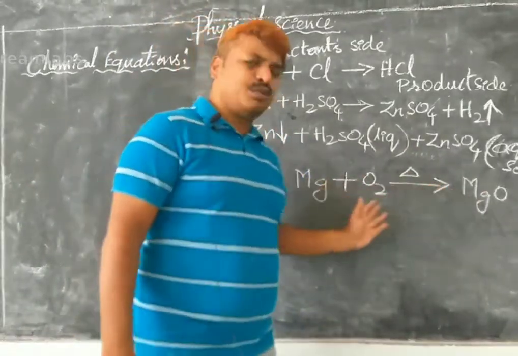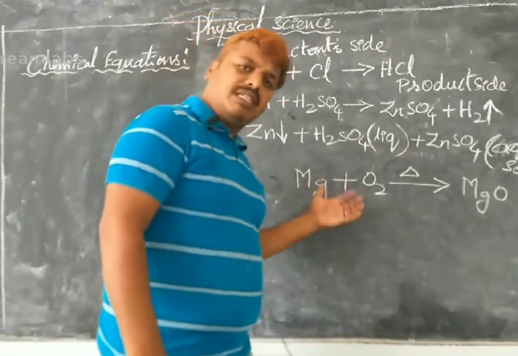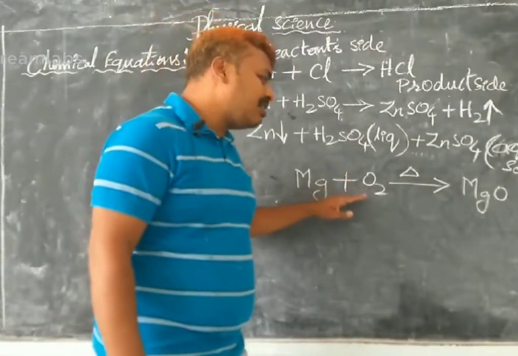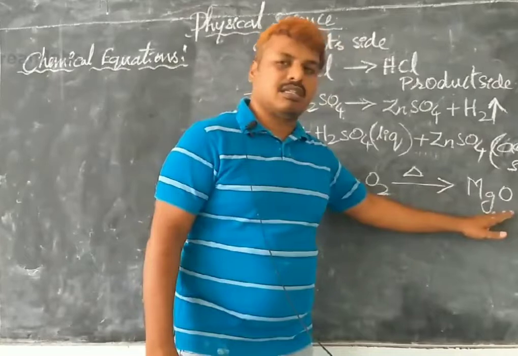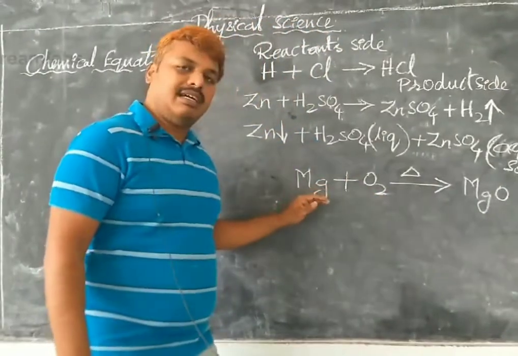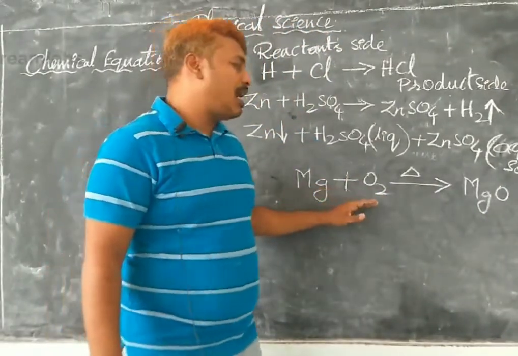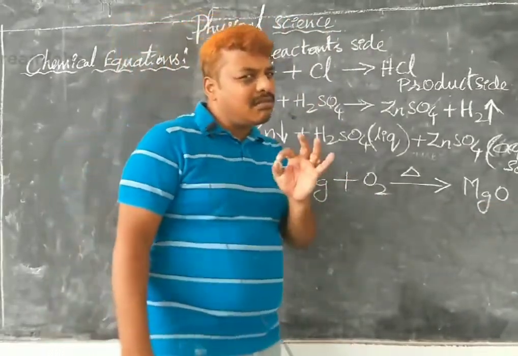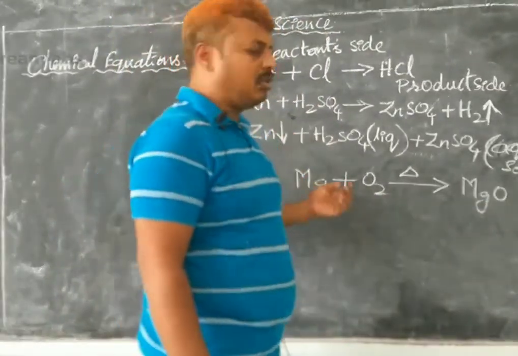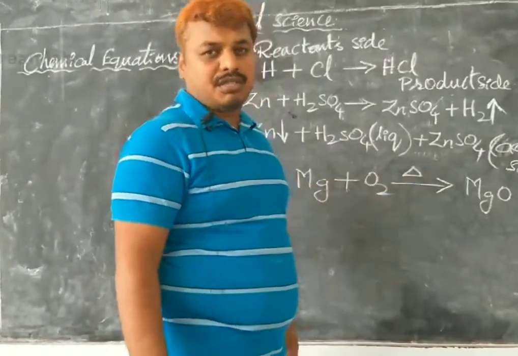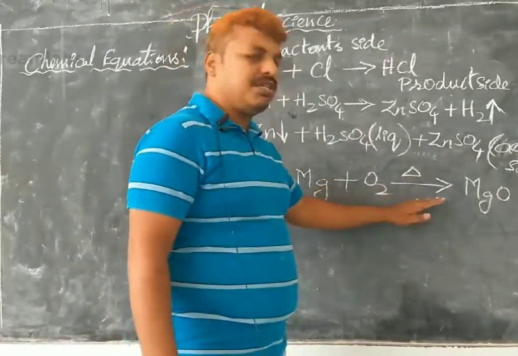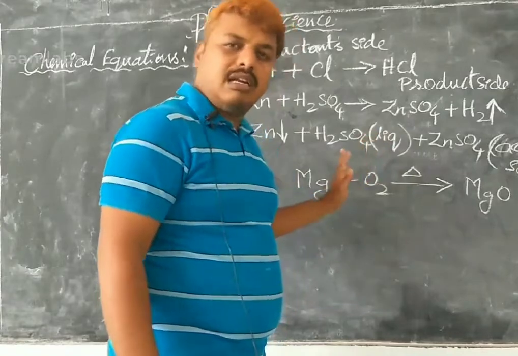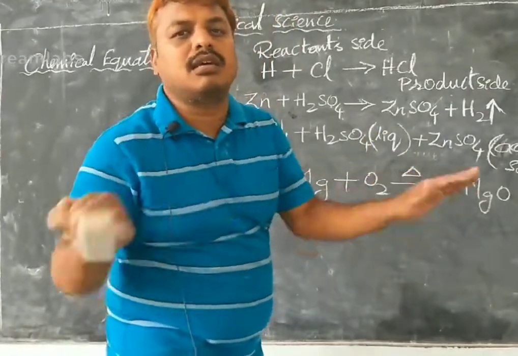Is there any balance in these two? When you check, the reactants are more than the product. On the reactants side the number of atoms is more and on the product side the number of atoms is less. So this equation has something wrong with this skeleton equation. If you see the skeleton equation here, the product side and the reactants side are not balancing.